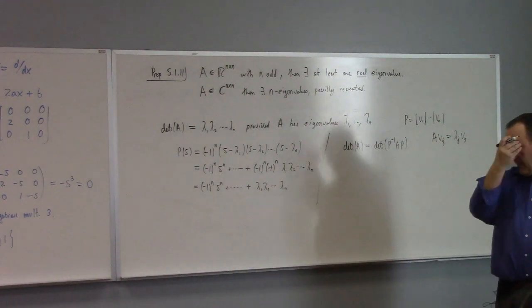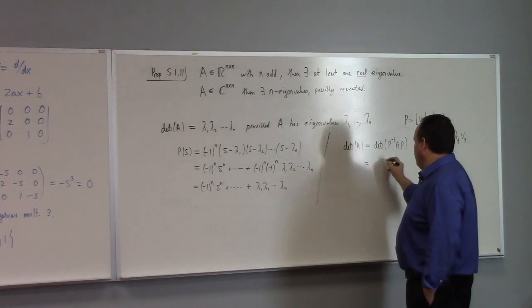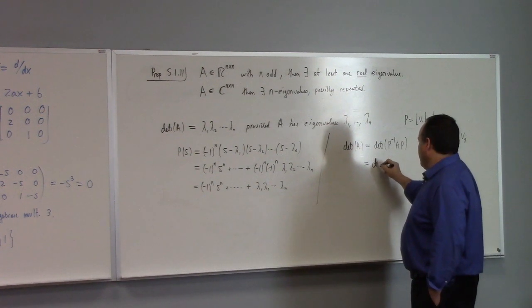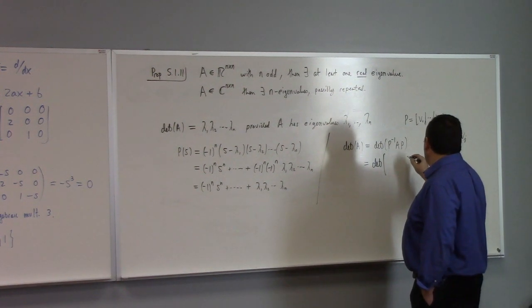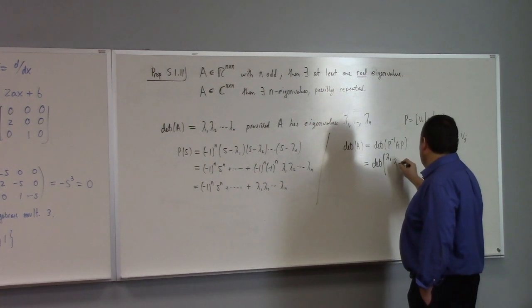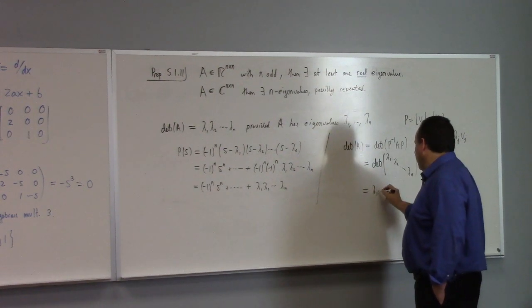So if I do that calculation, then when I calculate P inverse AP, what do I get? Well, goodness gracious, I'm just going to write it down here. We get lambda 1, lambda 2, da, da, da, lambda n, like that.